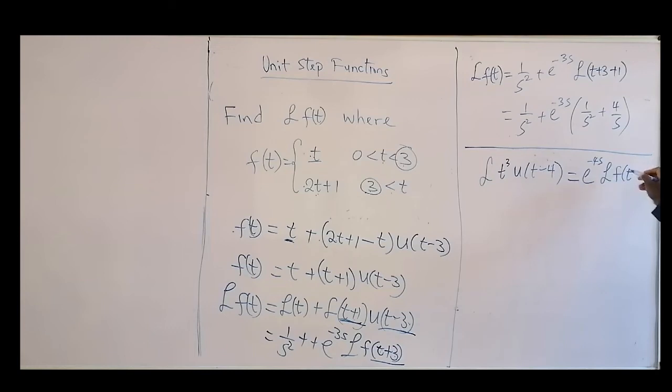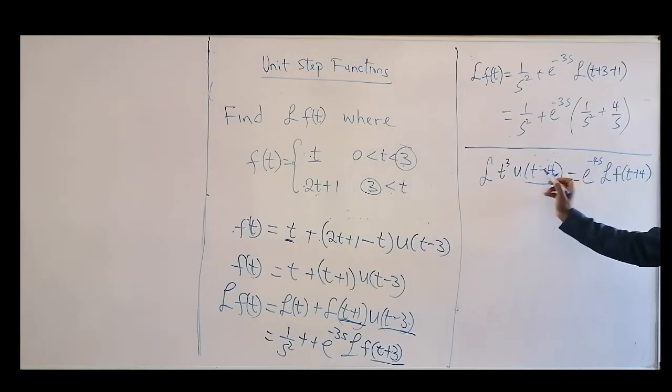But there's a shift here by 4. The unit step function is being shifted by 4. So you add what you have here, but it must conform to the minus here. That will be plus 4.